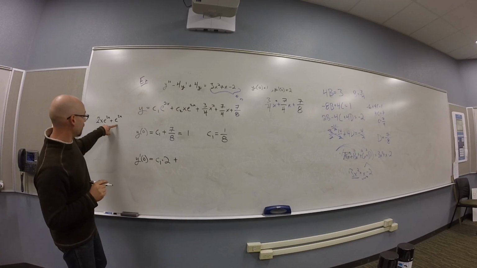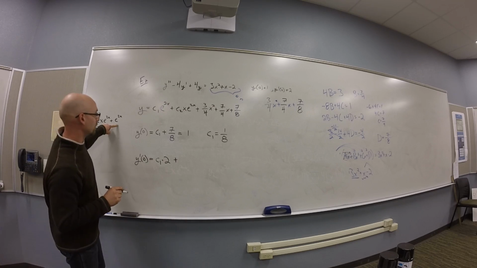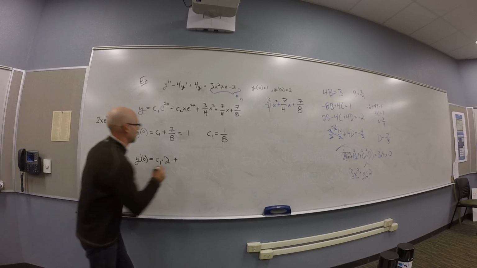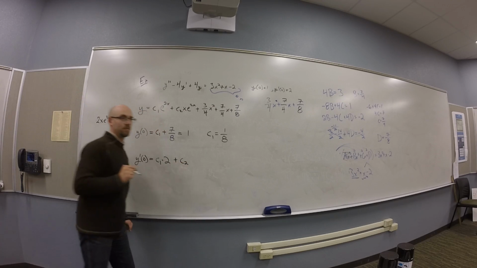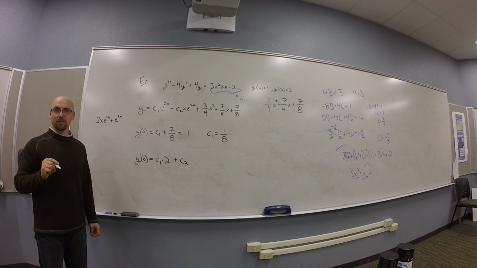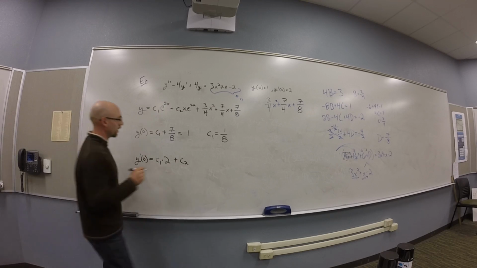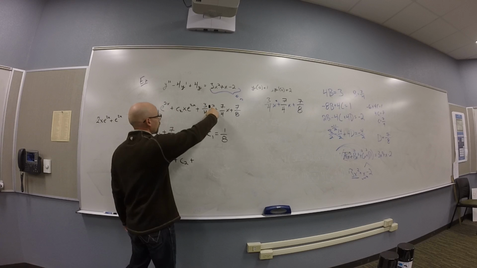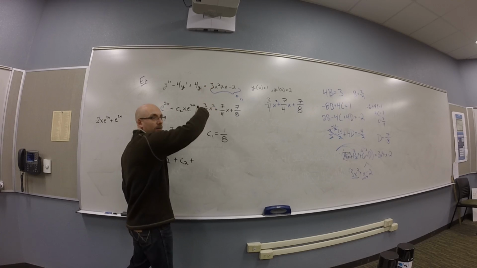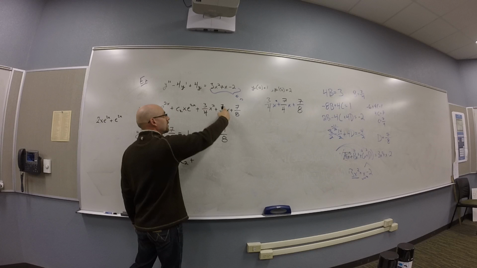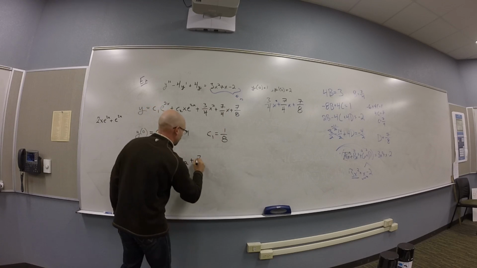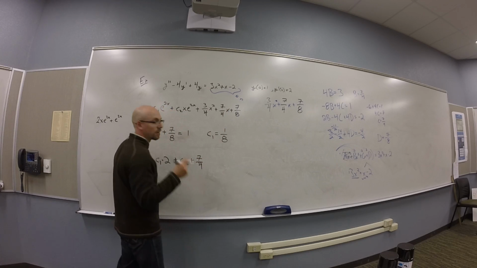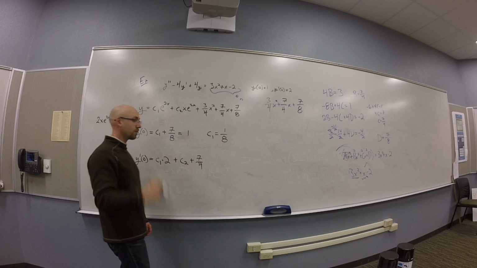So when I evaluate it at 0, I think I got just a C2 out of that piece. Plus 7/4, plus this will be 6 over 4 times x. When I evaluate at 0, that piece is gone. This will be 7/4. And then what about the 7/8? That's gone when you differentiate it.